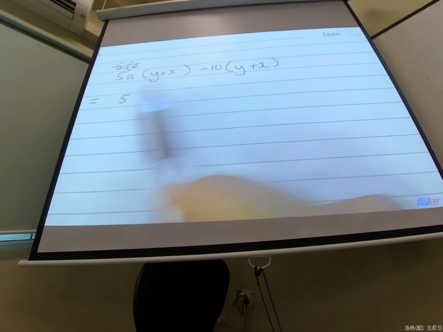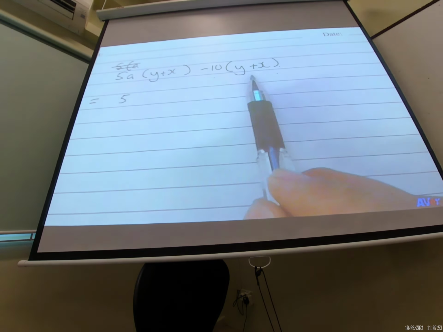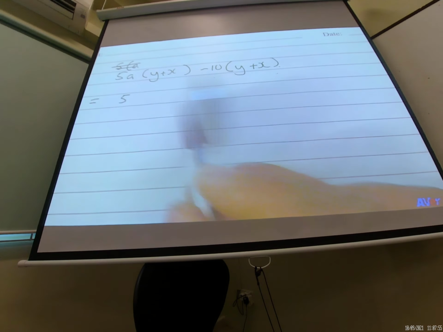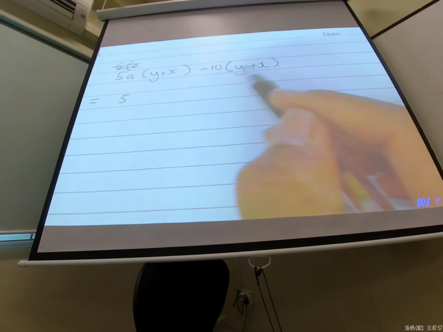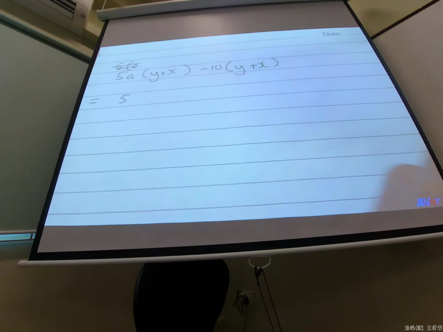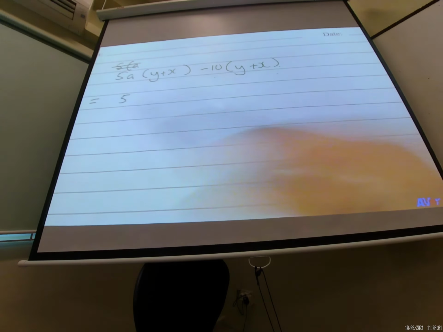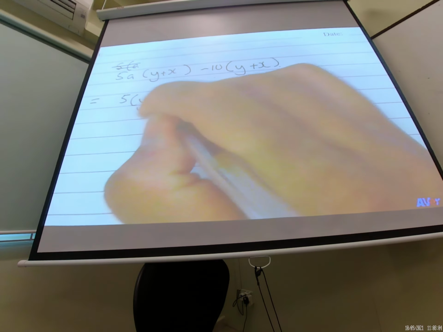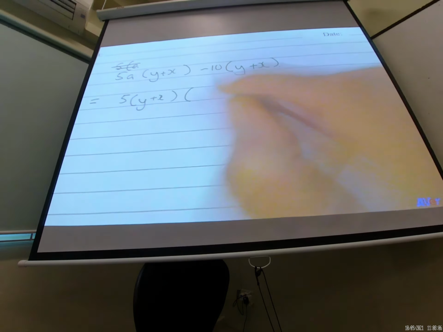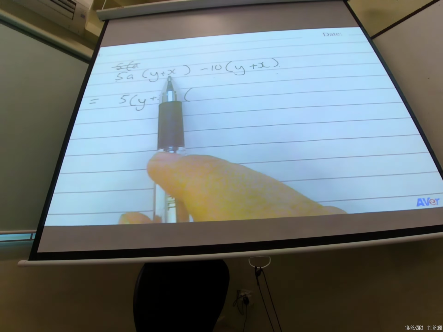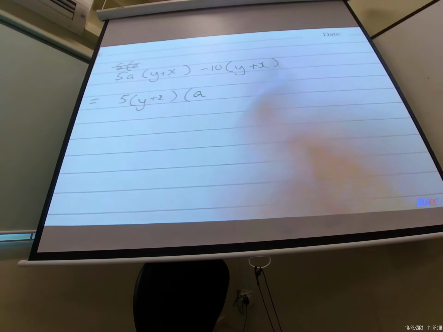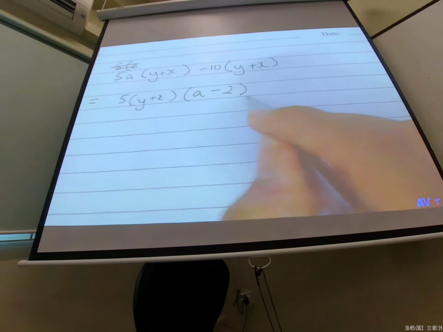Then both the front and the back have an identical bracket, meaning the entire bracket, when we view it as one thing, is the same. So we can also take out the bracket. Then the front, I take out 5, I take out the bracket, I'm left with A. The back, I take out 5, I take out the bracket, I'm left with -2.